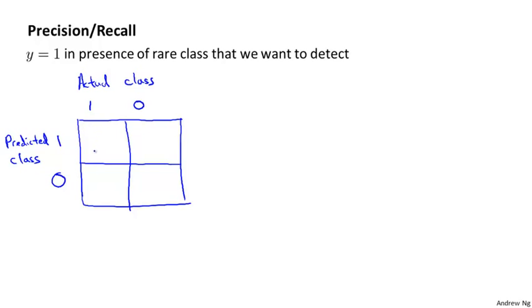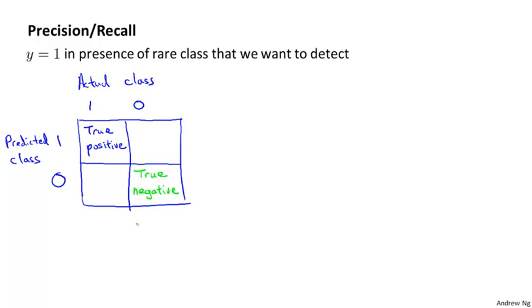If we have an example where the actual class is 1 and the predicted class is 1, then that's called a true positive, meaning our algorithm predicted that it's positive, and in reality the example is positive. If our learning algorithm predicted that something is negative, class 0, and the actual class is also class 0, then that's called a true negative.